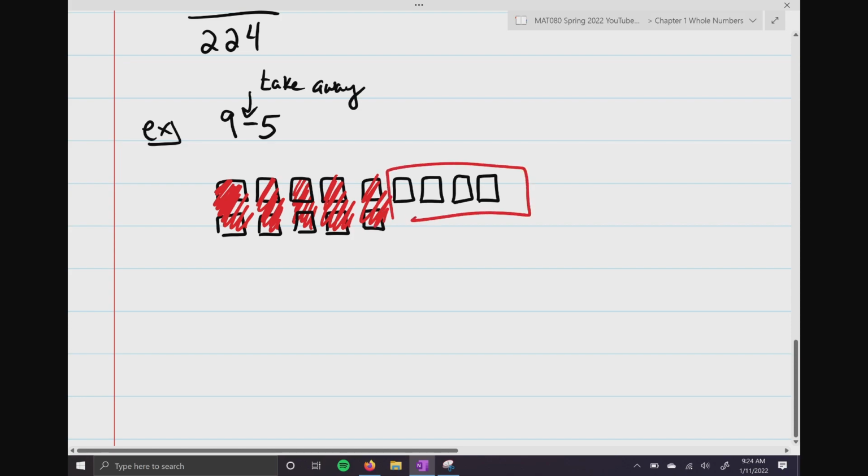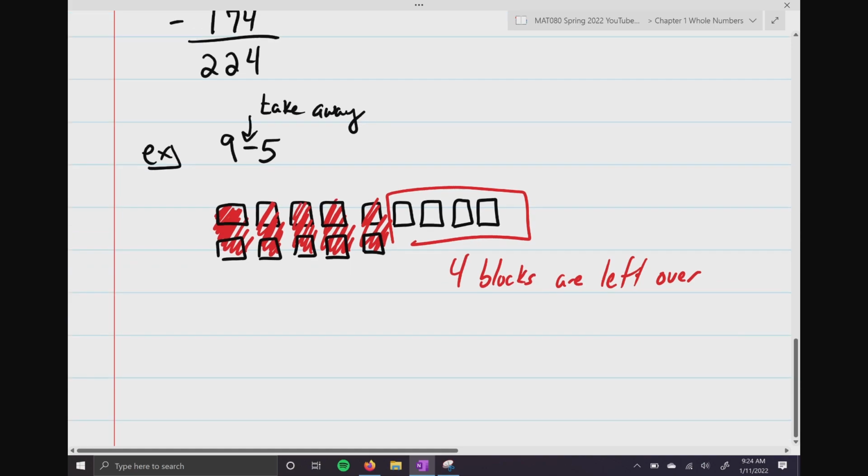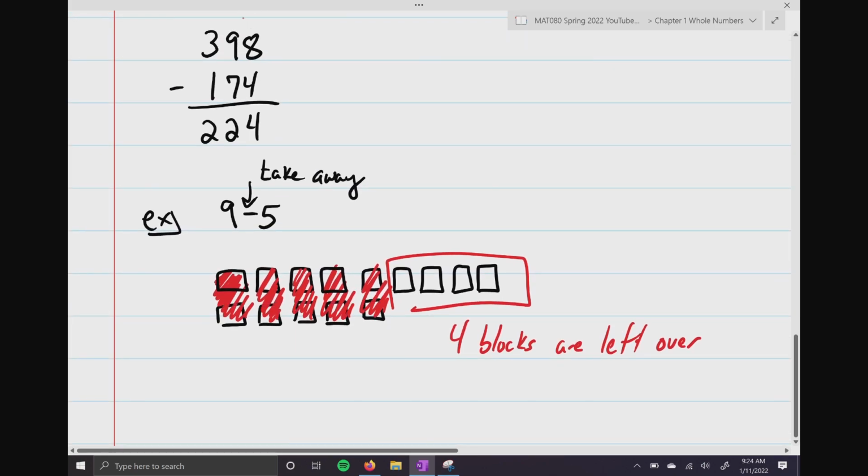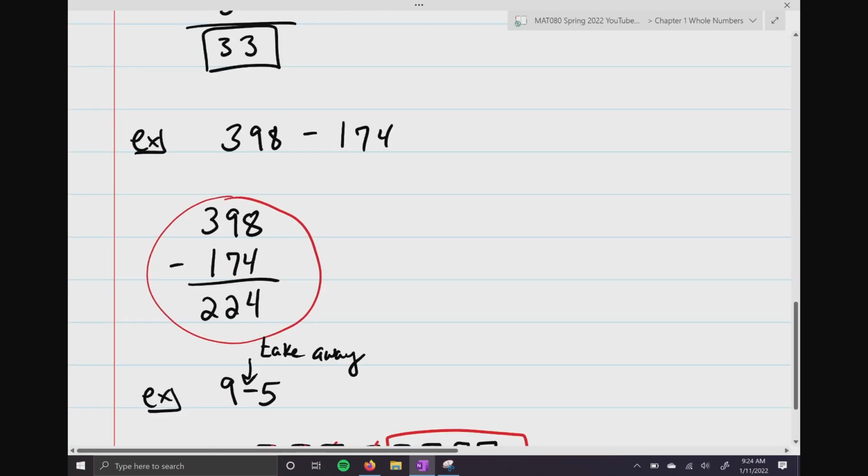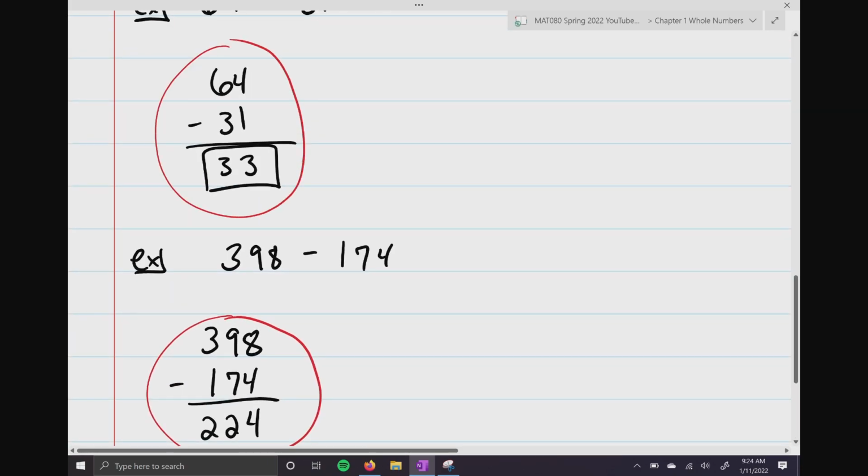4 blocks are left over. That's exactly what's happening in all these problems that we did previously, okay? It's exactly what's happening on all these problems previously. For example, if I do the 64 minus 31, watch what happens.